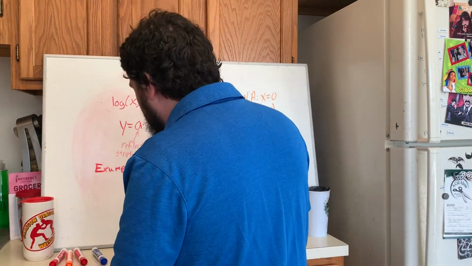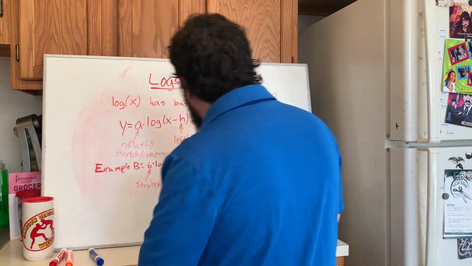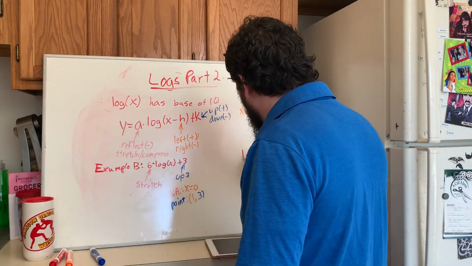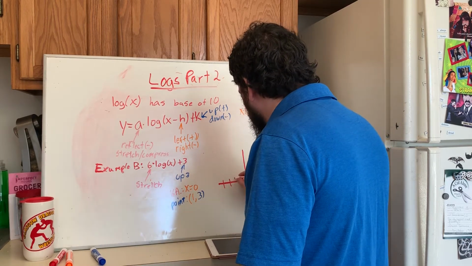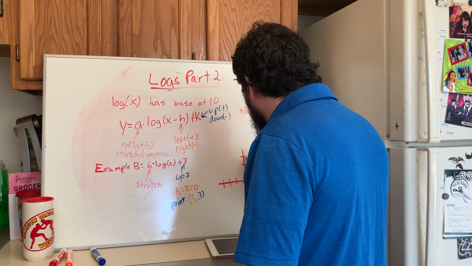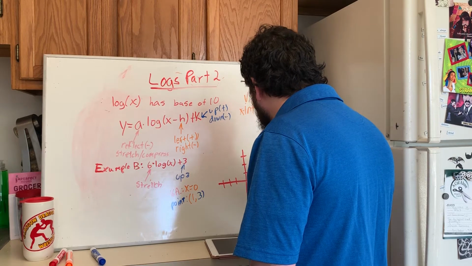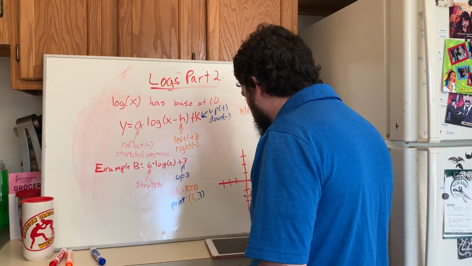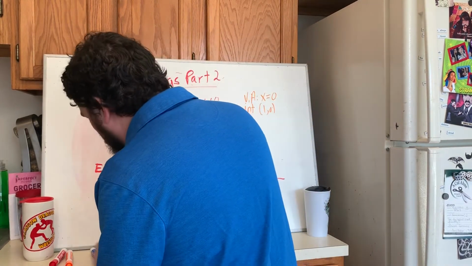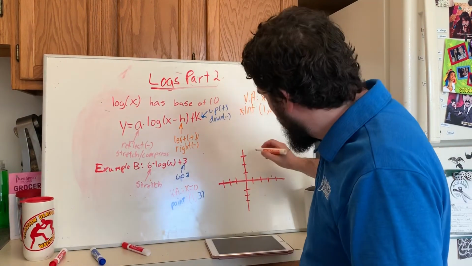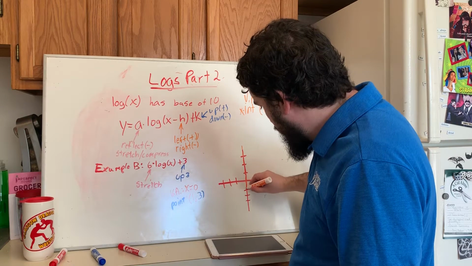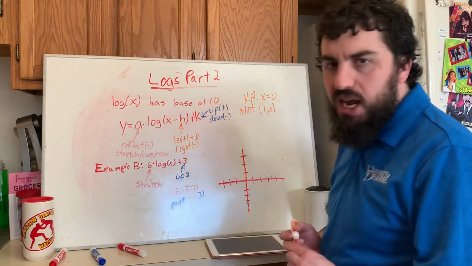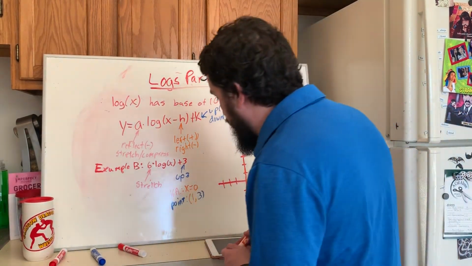So let's take the time to do our rough sketch. Now, I know my vertical asymptote is right here on the y-axis, because that's x equals 0.